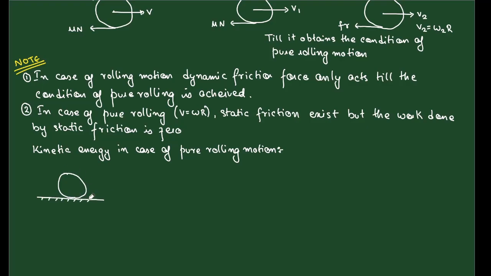The direction of friction force is in this direction. There is no external force right now. V, omega. The kinetic energy of this wheel is nothing but rotational kinetic energy plus translational kinetic energy.